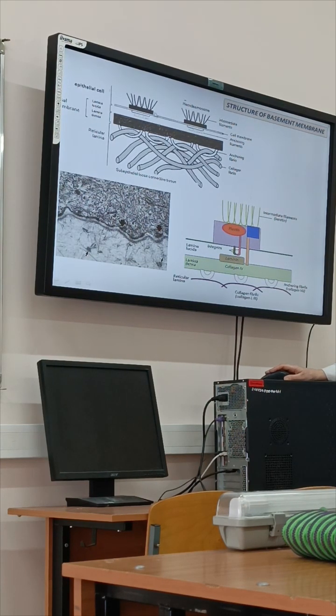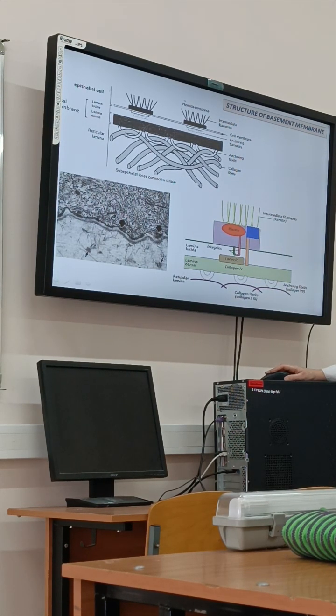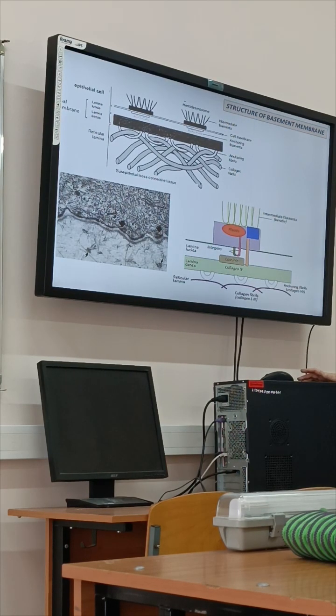So, the cell is joined with the lamina densa using the hemidesmosome junction, and the underlying connective tissue is joined to the lamina densa using collagen fibers that pass through anchoring fibrils. That's why epithelium and underlying connective tissue are situated closely to each other.